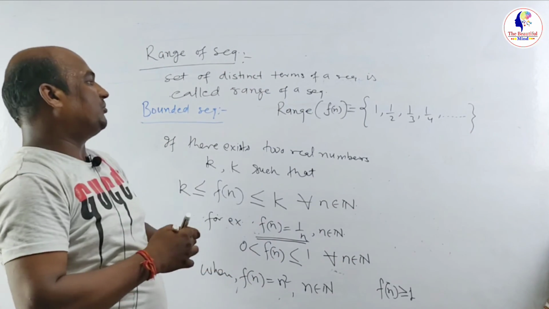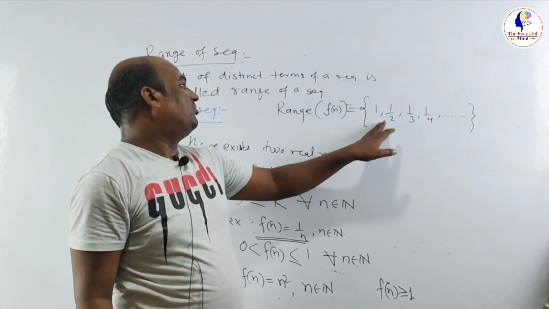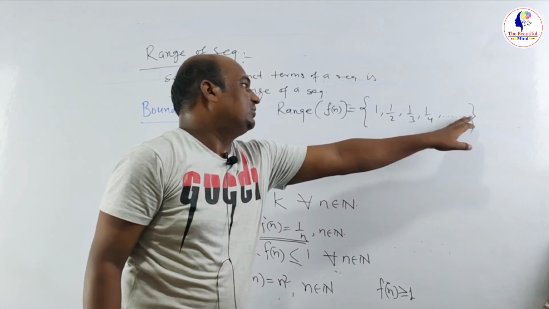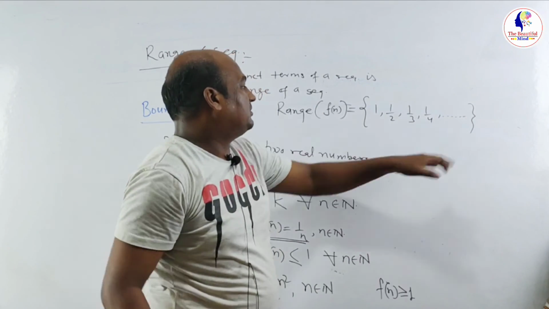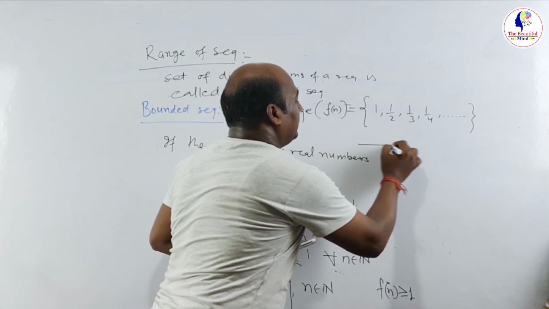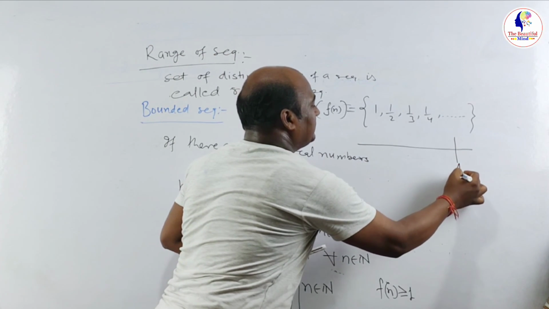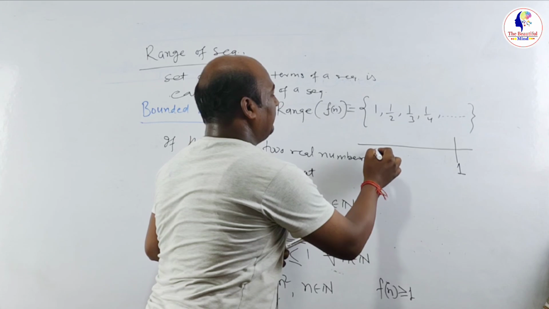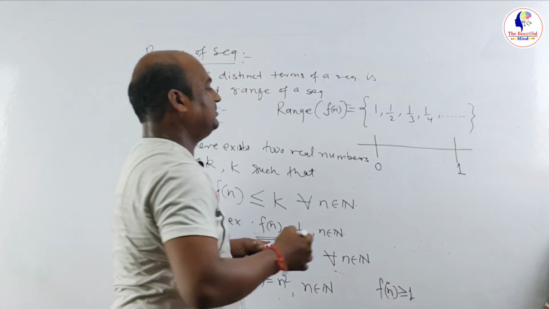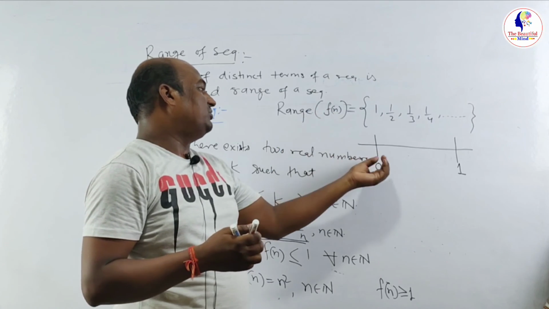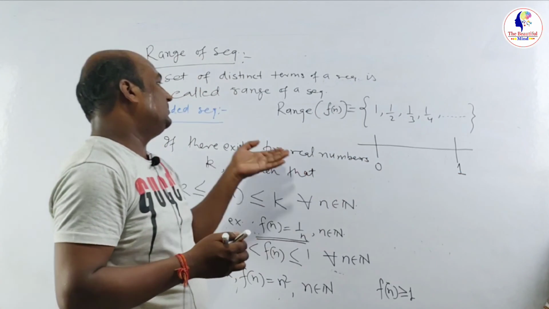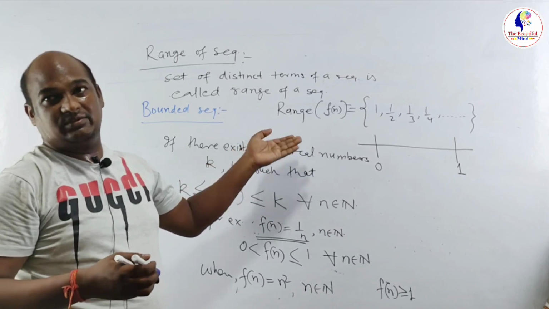And this is a bounded set, bounded above by 1 and below by 0. We can never reach the number 0, hence from the right hand side this sequence is bounded by 1, and from the left hand side this sequence is bounded by 0. All the terms of this sequence are lying between 0 and 1, hence this sequence is bounded.